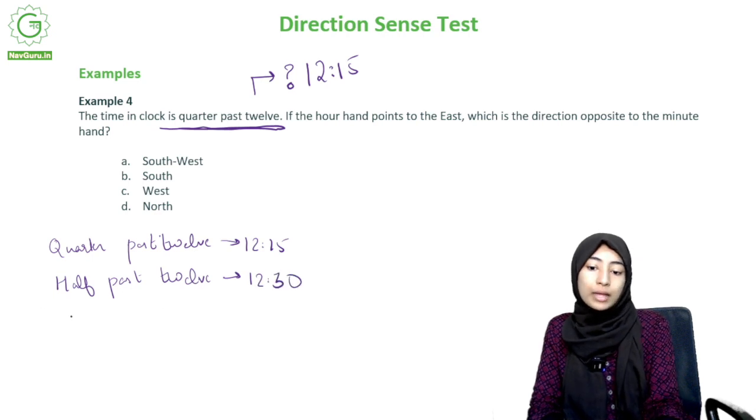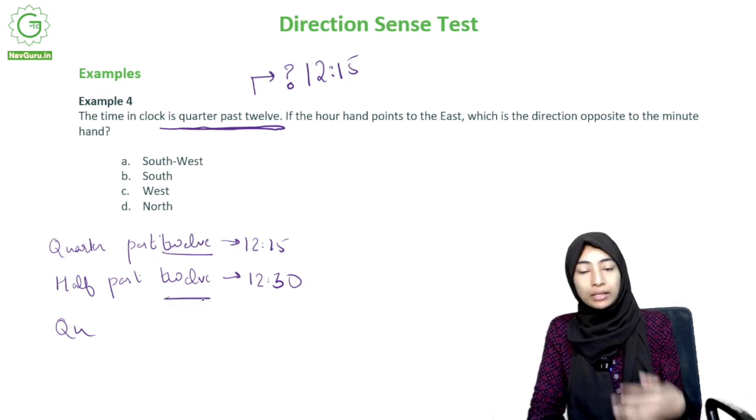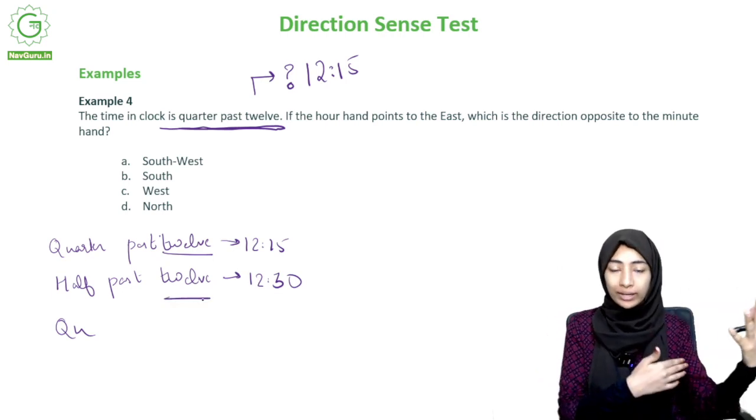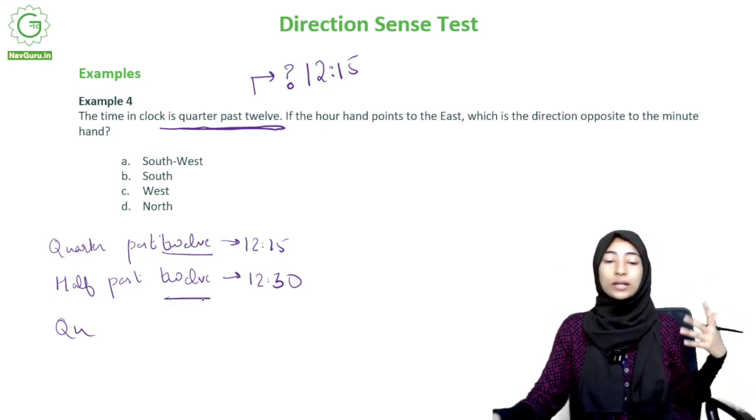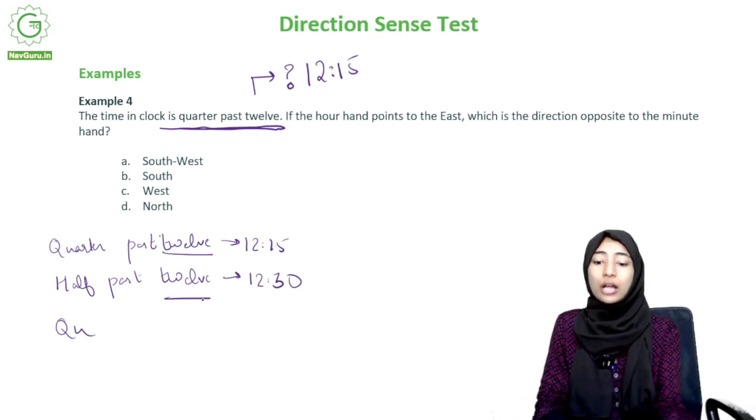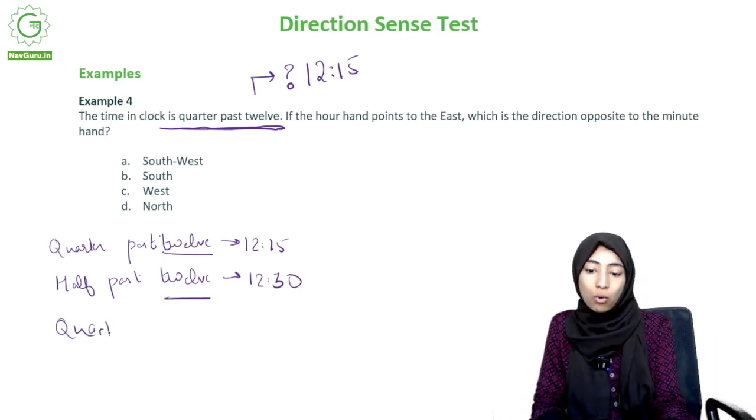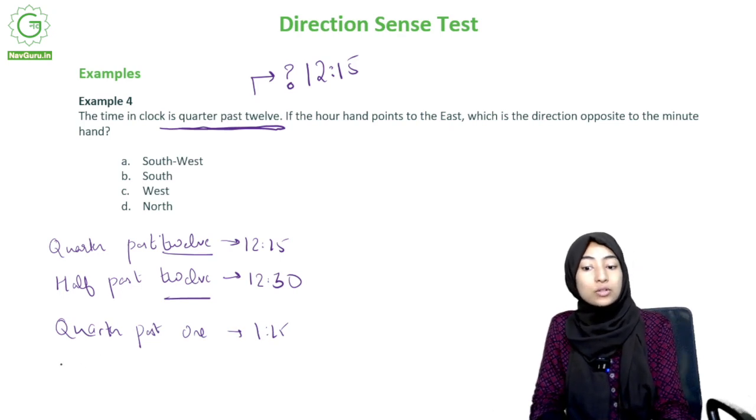Okay. And this is not just for 12. If you say quarter past 1, it is 1:15, half past 1 is 1:30, right? So this works for others also. And then there is also something called quarter to.